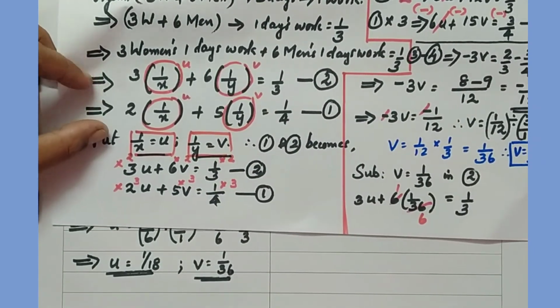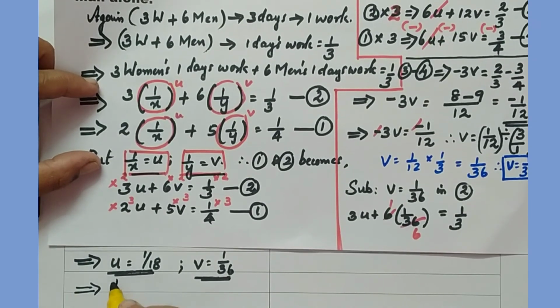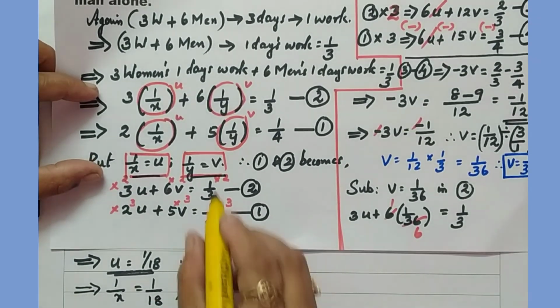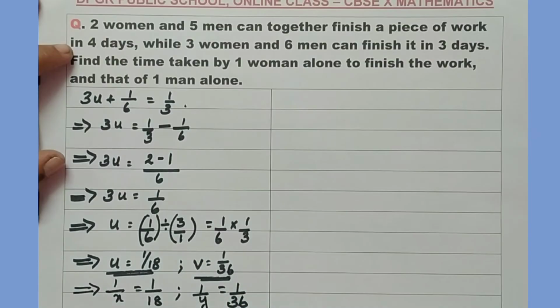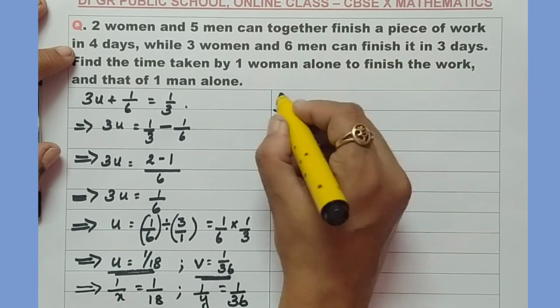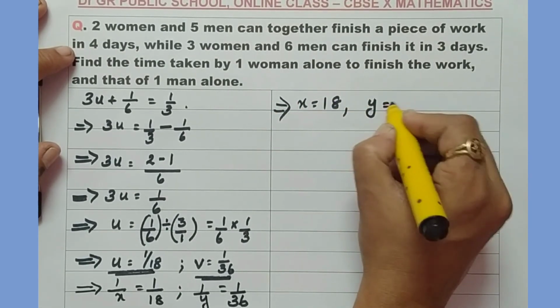I am going to replace that. 1 by x as u. So, 1 by x equals 1 by 18 and 1 by y equals 1 by 36. Taking reciprocal on both sides, we have x equals 18 and y equals 36.